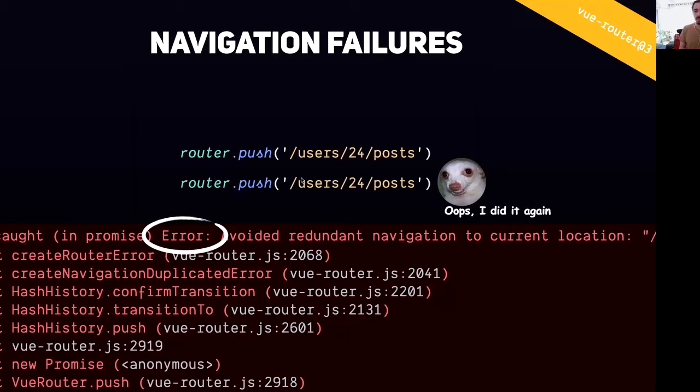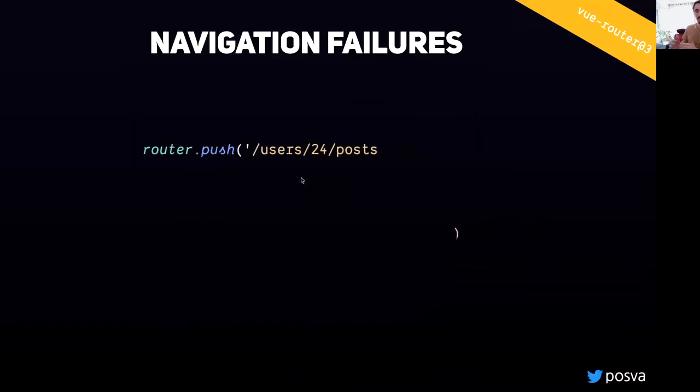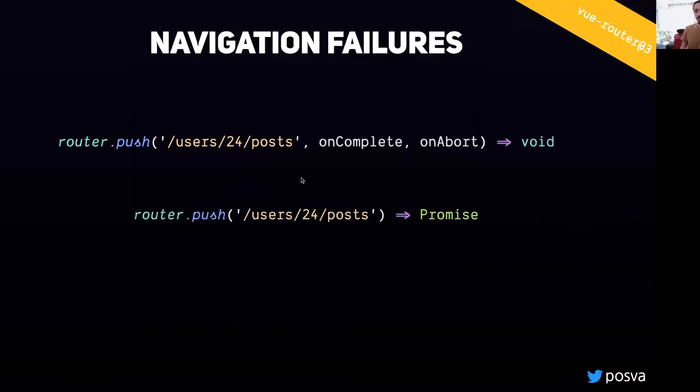Now, the origin of this problem is router.push with the onComplete and onAbort callbacks. And at some point in the history of ViewRouter 3, we added an API that if no onComplete or onAbort callbacks were passed to push, we would return a promise. But the promise was basically resolving for onComplete and rejecting for onAbort, which ends up as an uncaught promise.